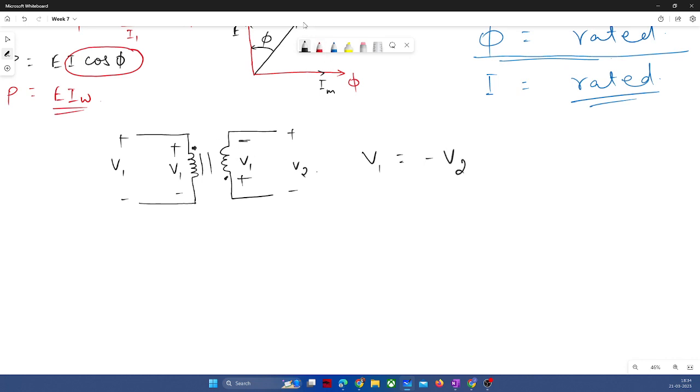Or, to avoid the confusion, let me write E1 and E2. E1 will be equal to V1.